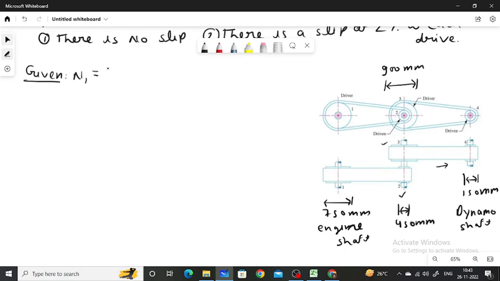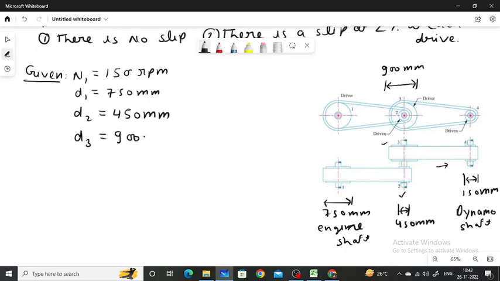Now, given N1 is equal to 150 rpm, D1 is equal to 750 mm, the diameter of pulley 2 is 450 mm, the diameter of pulley 3 is 900 mm, and the diameter of pulley 4 is 150 mm.